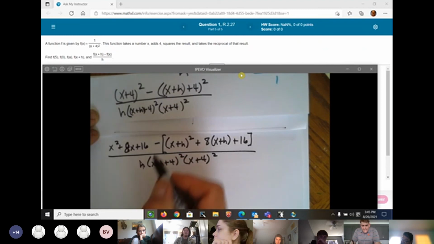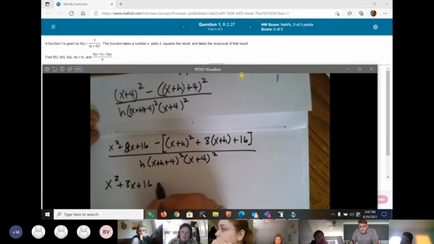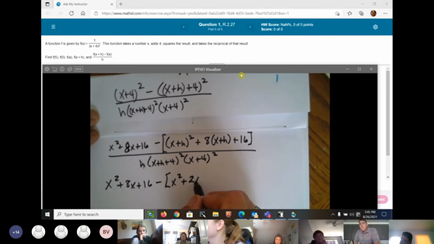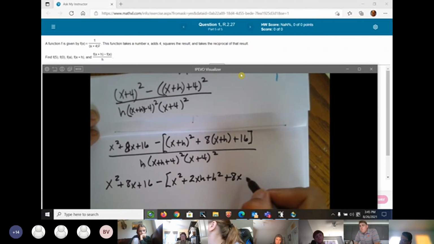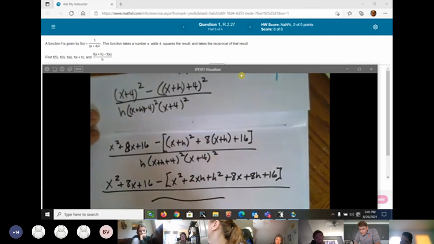And that's going to give you x squared plus 8x plus 16 minus x squared plus 2xh plus h squared plus 8x plus 8h plus 16, all over that trash.